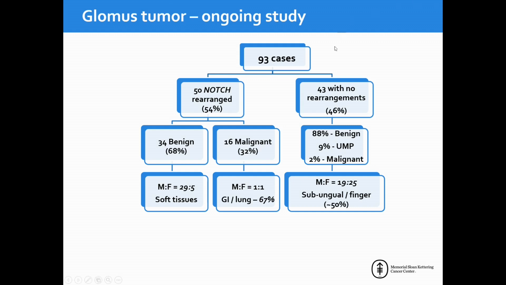So we had 93 cases in total with FISH for NOTCH genes, and we found that about 50 cases had NOTCH rearrangement, which is about 54%, and 43 with no rearrangements. Of the glomus tumors with no rearrangements, a vast majority were benign, with some being of uncertain malignant potential and only 1 or 2 being malignant.